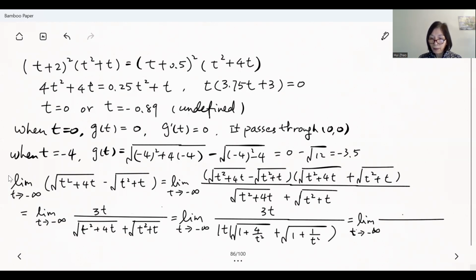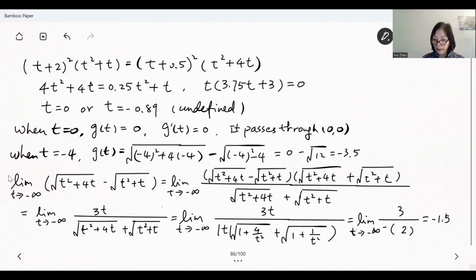So it's equal to this 3 here, negative, right? Negative inside, with t approaching negative infinity. So the first term is 0. This term is 0, right? So this is 2, right? That means it's negative 1.5 for the left side, right?